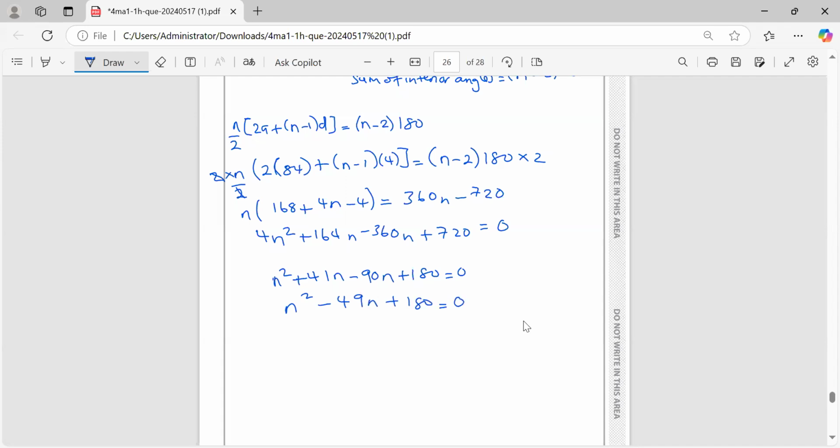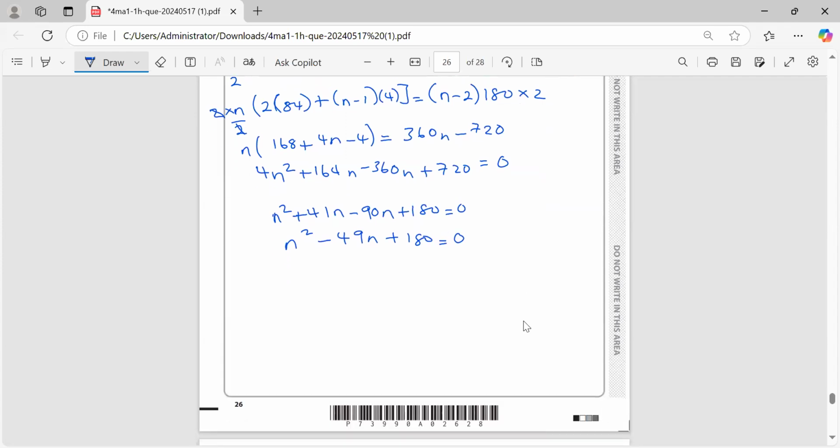So if you still remember that other method that we discussed, whereby if you want to fully factorize a quadratic equation, you multiply the first term and the last term, and then you look for two numbers that, if you add them, you get a total of minus 49, and if you multiply them, you get a product of 180.